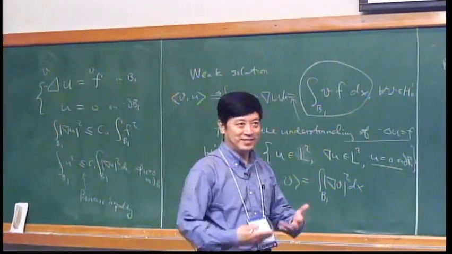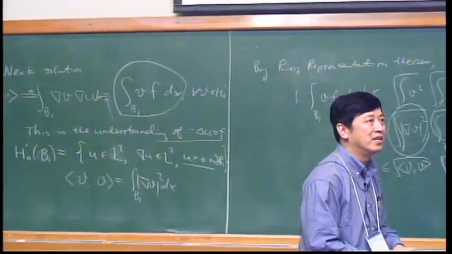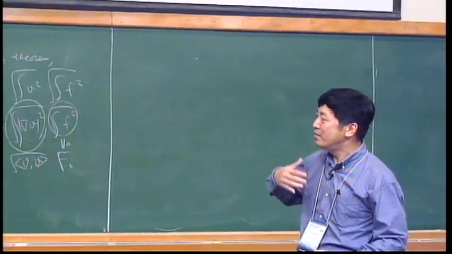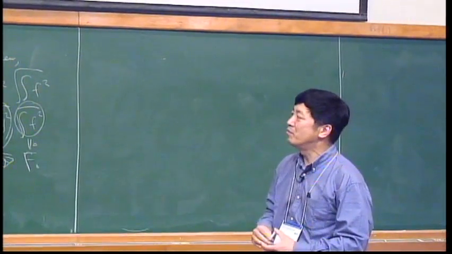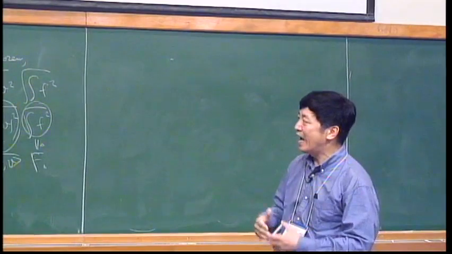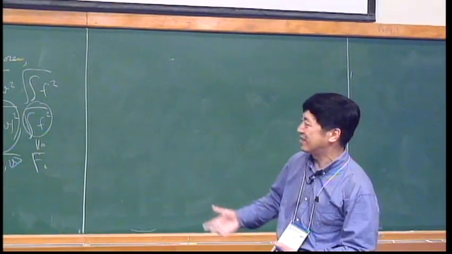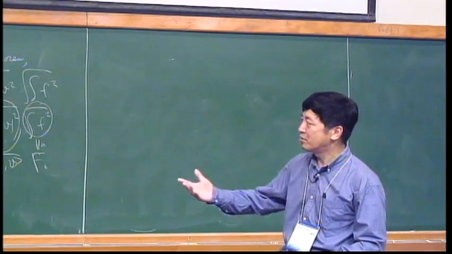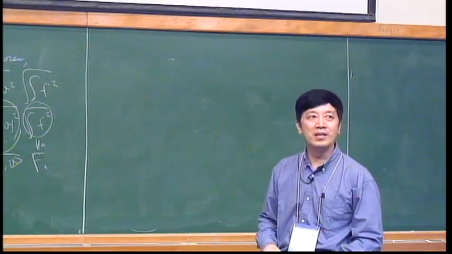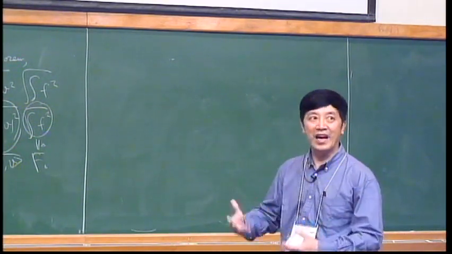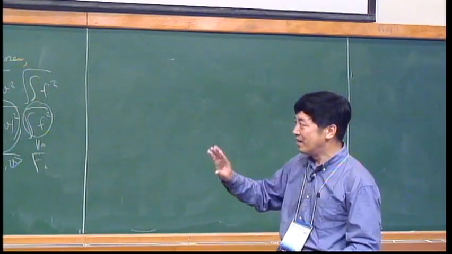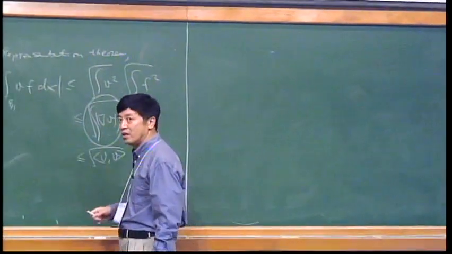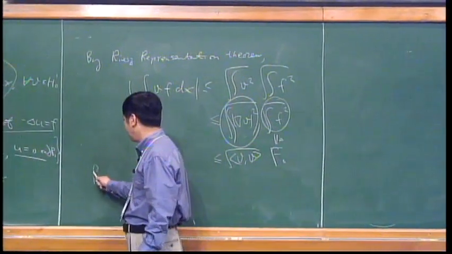It's an identity in the weak sense, and it's even more difficult. Suppose f is really classical, say x1 squared. Then can you show f would be smooth? Then can you show u really has a classical second order derivative, and they are equal? All those kinds of questions are called regularity theory.